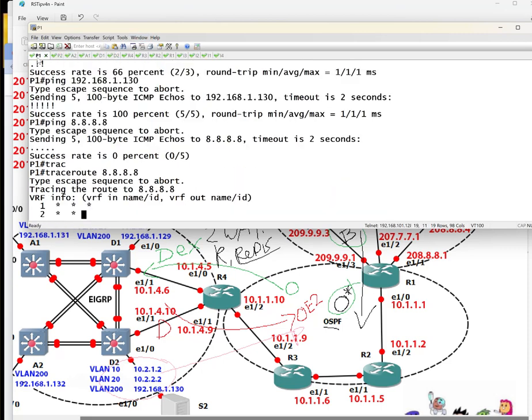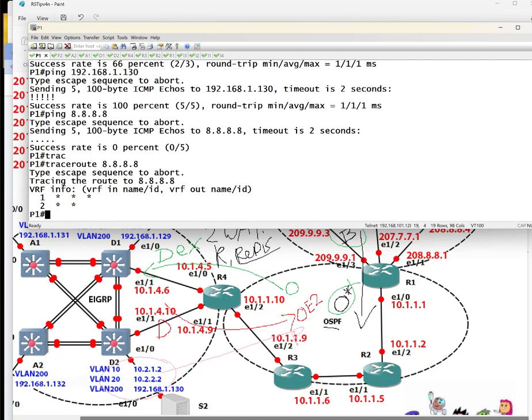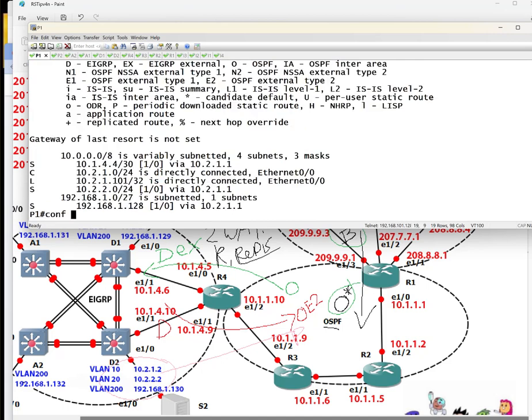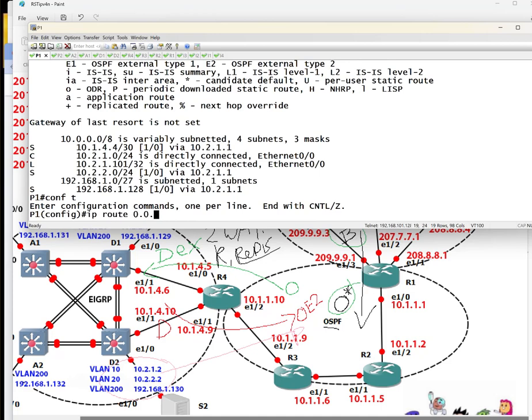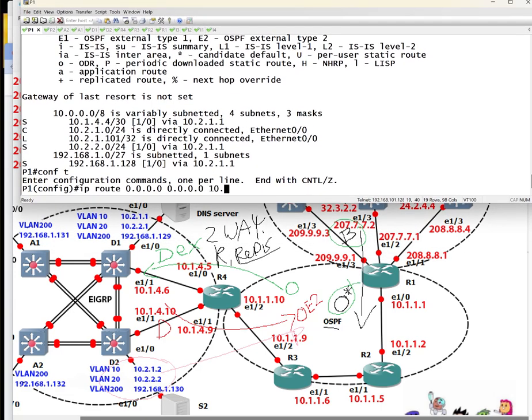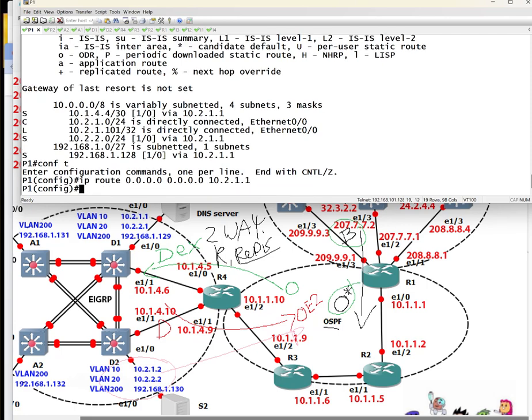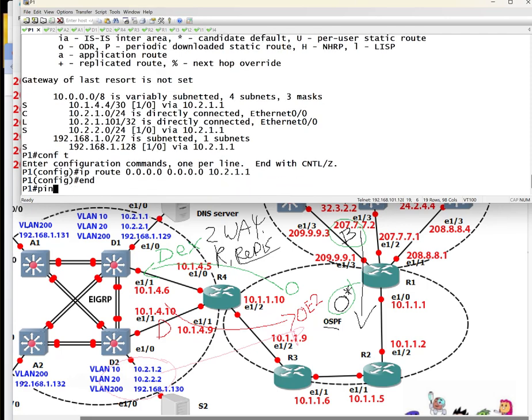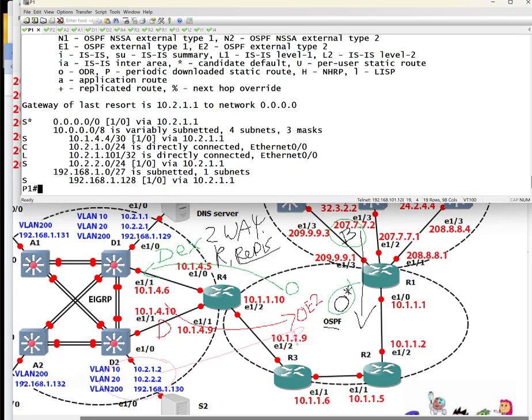Oh! We don't have a default route. See? That's what you get when you do videos without eating a proper lunch. We should be able to do this because of that.